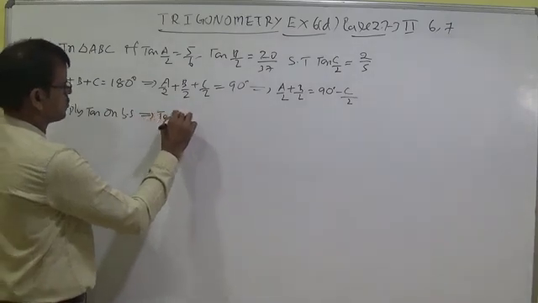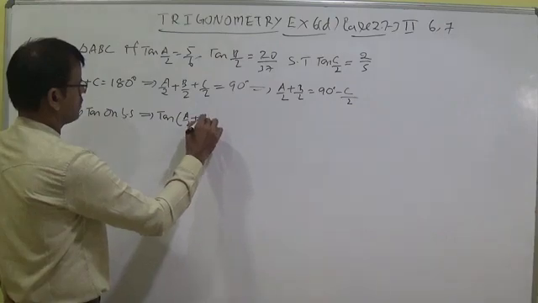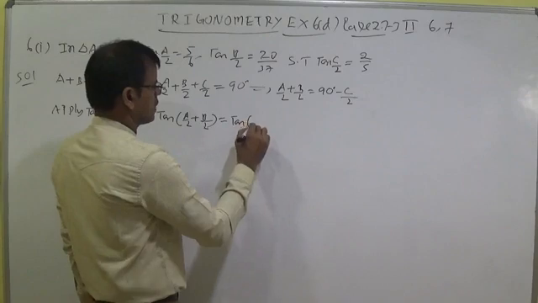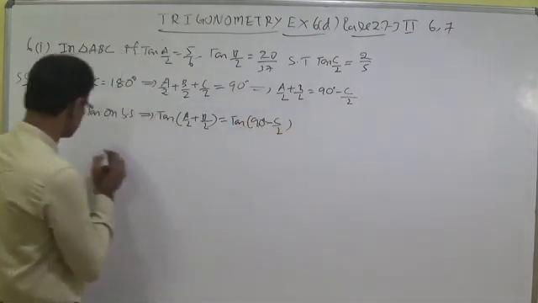That implies we can write tan of (A by 2 plus B by 2) is equal to tan of (90 degrees minus C by 2).